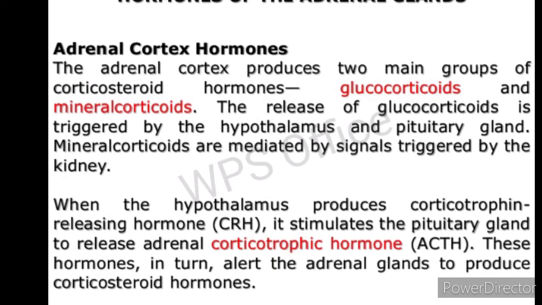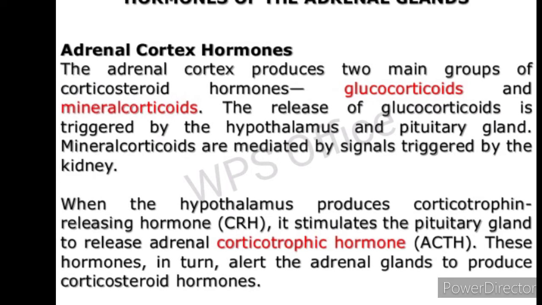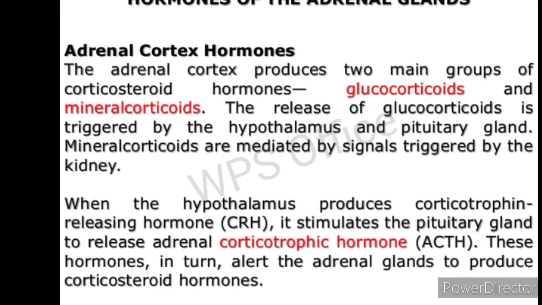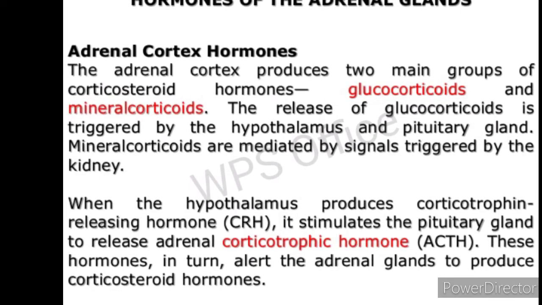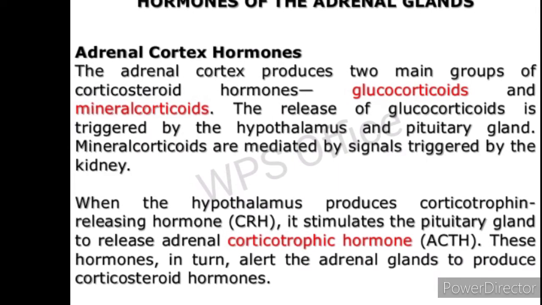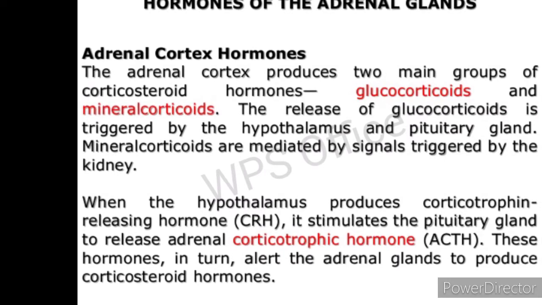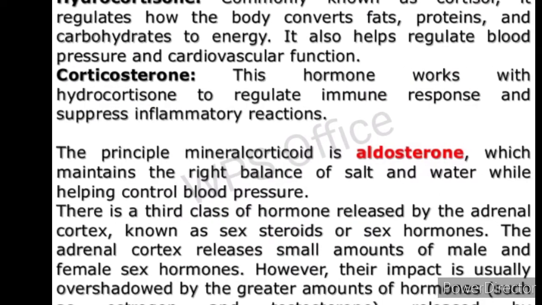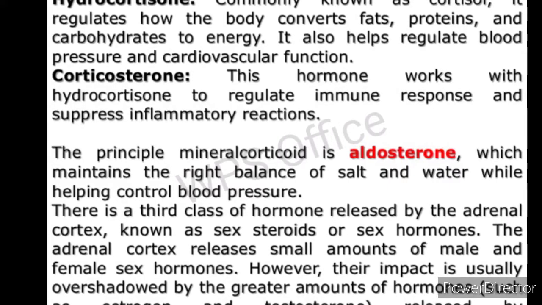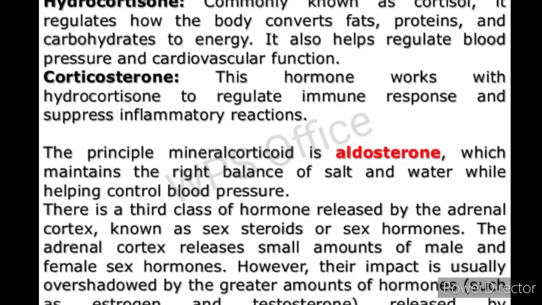When the hypothalamus produces the corticotrophin releasing hormone, it stimulates the pituitary gland to release the adrenocorticotrophic hormone, that is ACTH. These hormones in turn alert the adrenal glands to produce the corticosteroid hormones. The glucocorticoids released by the adrenal cortex are hydrocortisone and corticosterone.